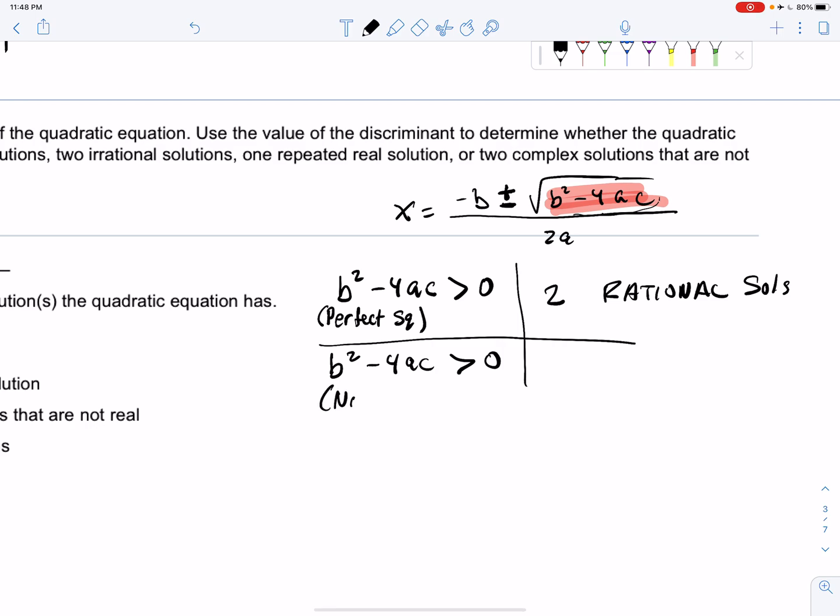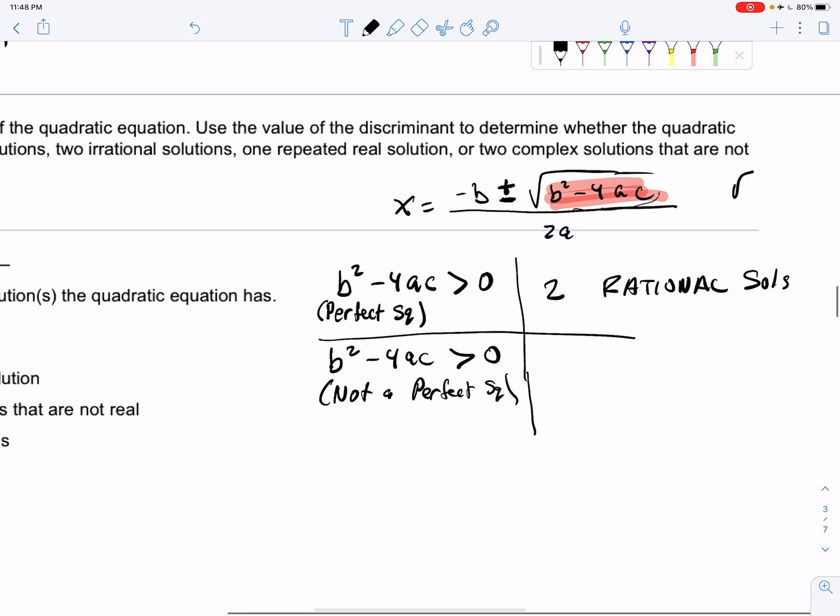But what if it's bigger than 0 but not a perfect square? Like, what if that red thing is 3? It's bigger than 0, but it's not a perfect square. Well, that's going to be an irrational number, right? So you're still going to have the plus or minus here. So you're going to get 2 irrational solutions.